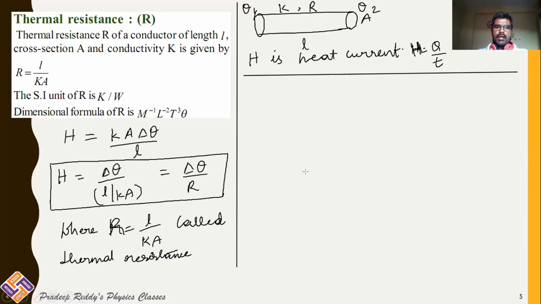Now, how to remember these equations? We'll make an analogous comparison between electric current and heat current. We know Ohm's law in electric current: V is equal to IR. In 10th standard, you will be learning this.